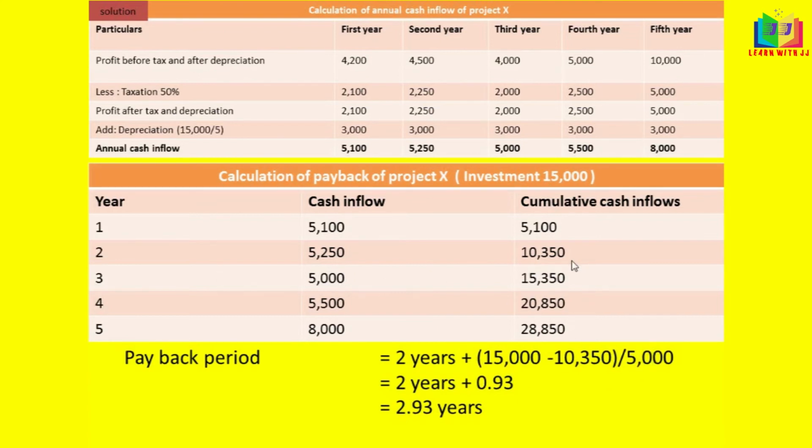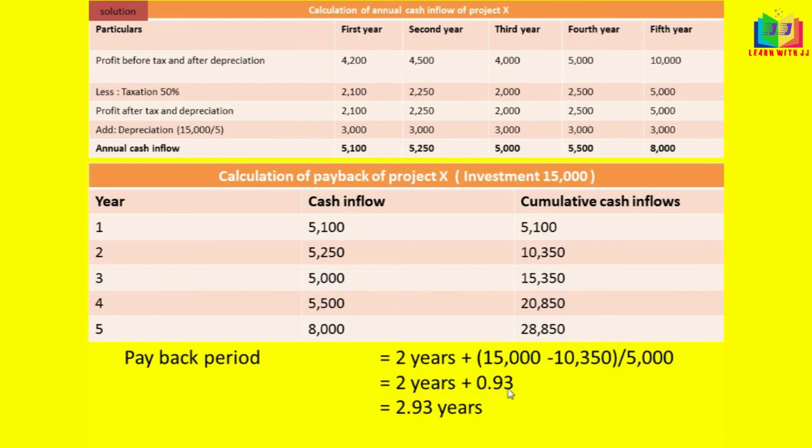So we have to take 2 years plus the investment minus the cumulative cash inflow of second year divided by the cash inflow of third year, so that we can find out the proportionate years.